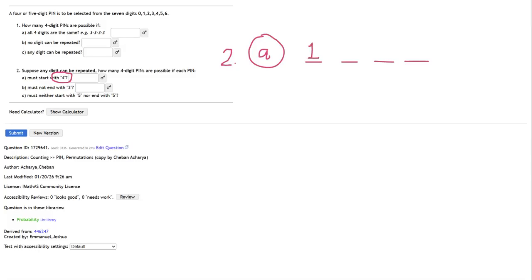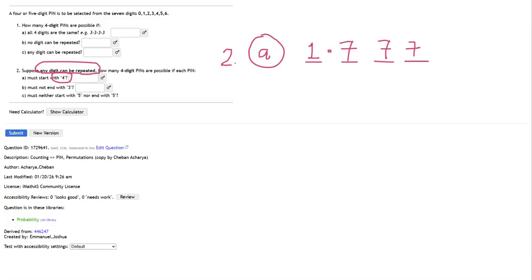Now the second digit. Any digit can be repeated, but the first digit must be 4. There are 7 digits in total. Since any digit can be repeated, you can choose the second digit in 7 different ways, the third digit in 7 ways, and the fourth digit in 7 ways.